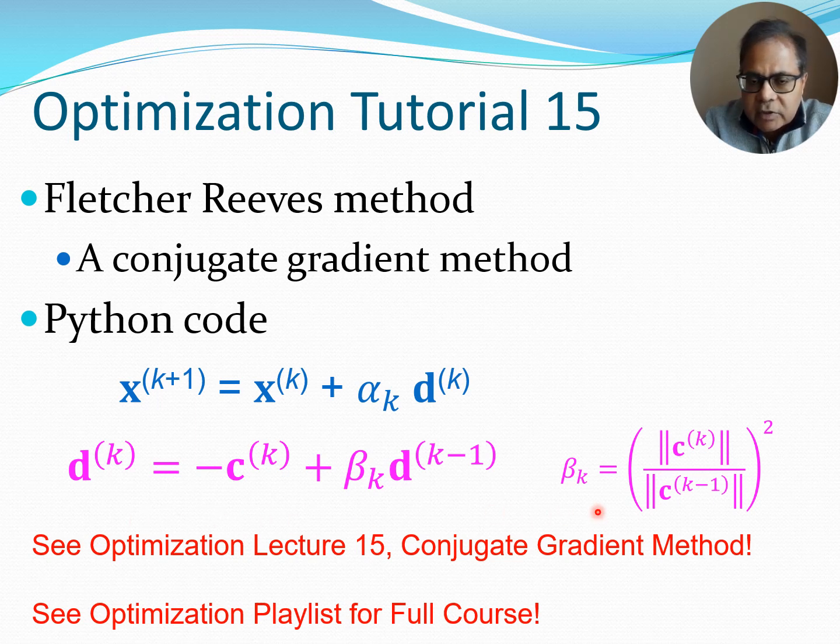Now beta k here is defined as this ratio, the norm of ck squared divided by the norm of ck minus 1 squared. So essentially we are going to write a program to implement this method and see how it compares with the steepest descent method, or the gradient based optimization method, which we discussed in, I think, optimization tutorial 13.